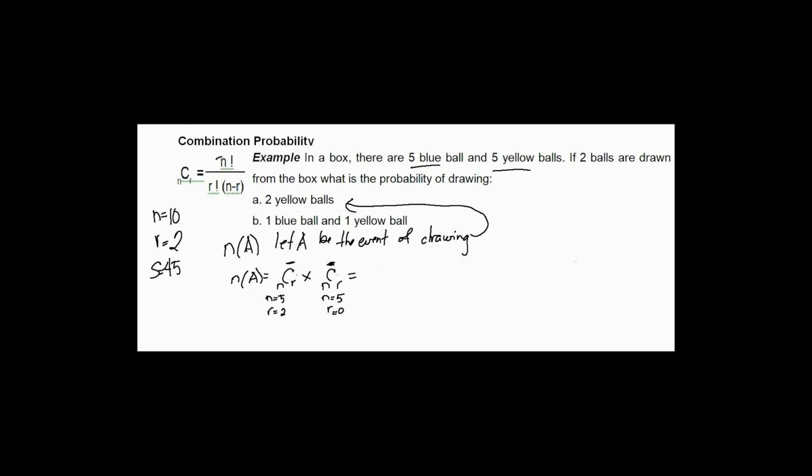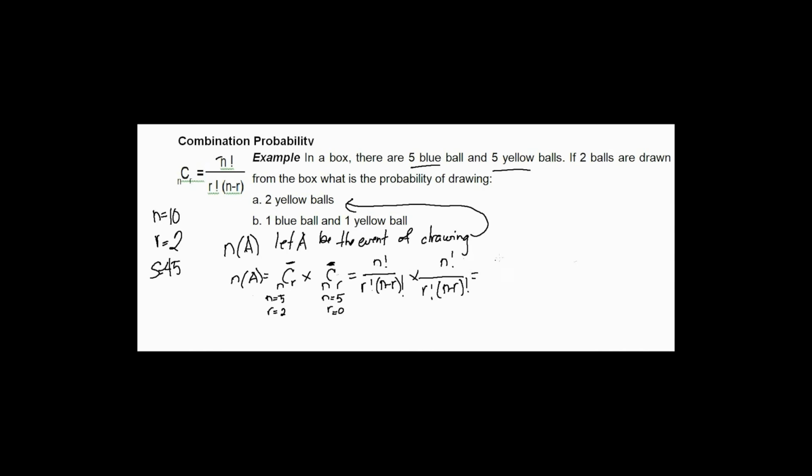Now, if we substitute into the formula for combination, n factorial divided by r factorial times (n minus r) factorial, times n factorial divided by r factorial times (n minus r) factorial. So we will substitute the values.